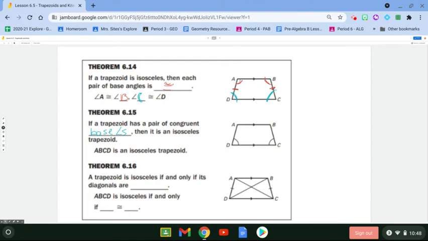In Theorem 6.16, a trapezoid is isosceles if and only if the diagonals are congruent. So ABCD is isosceles if and only if AC is congruent to BD.